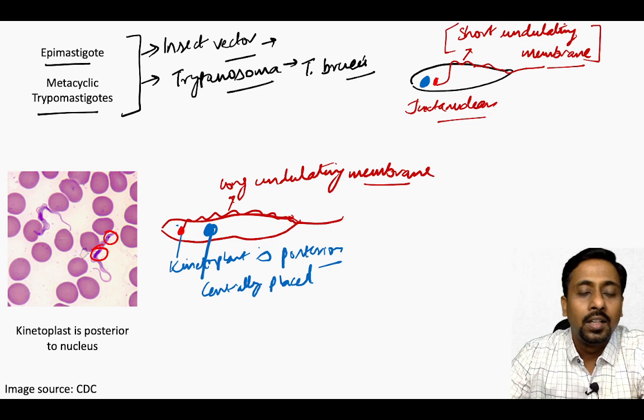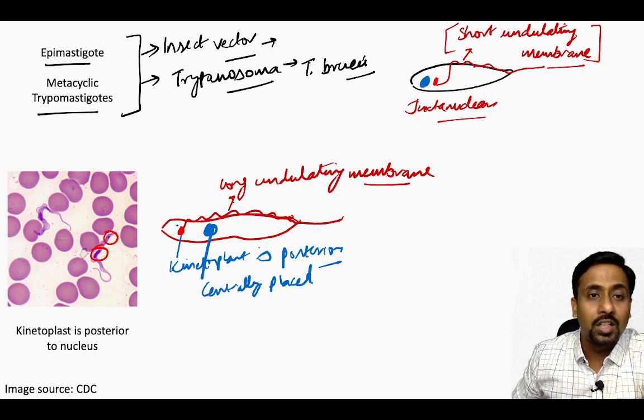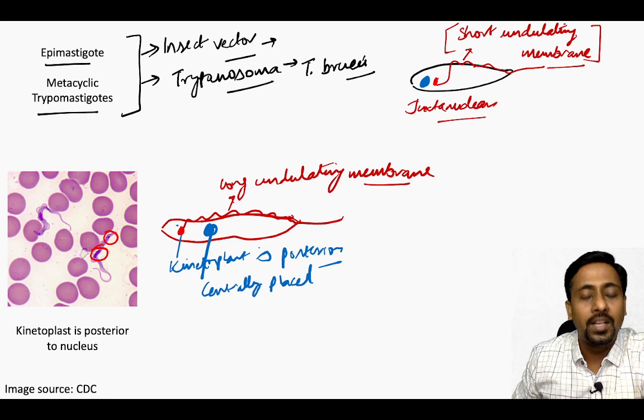Okay, so these are the four morphological forms which can be seen in hemoflagellates: amastigote, promastigote, epimastigote and trypomastigote. The epimastigote and trypomastigotes are only seen in Trypanosoma and not in Leishmania.